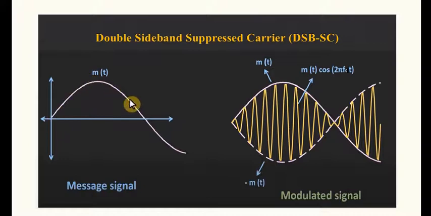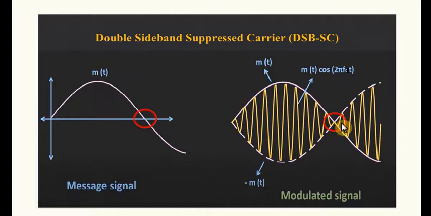Let us assume this is our message signal in the time domain. This is the message signal m of t, and this is how the modulated signal will look, where the message signal crosses zero, there will be a phase reversal.